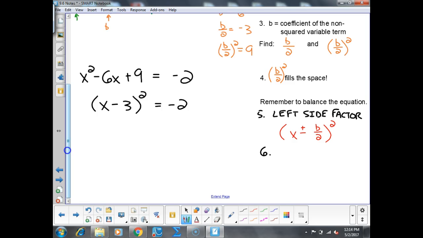Exactly. When I square root both sides, what do I get on the left? x minus 3.